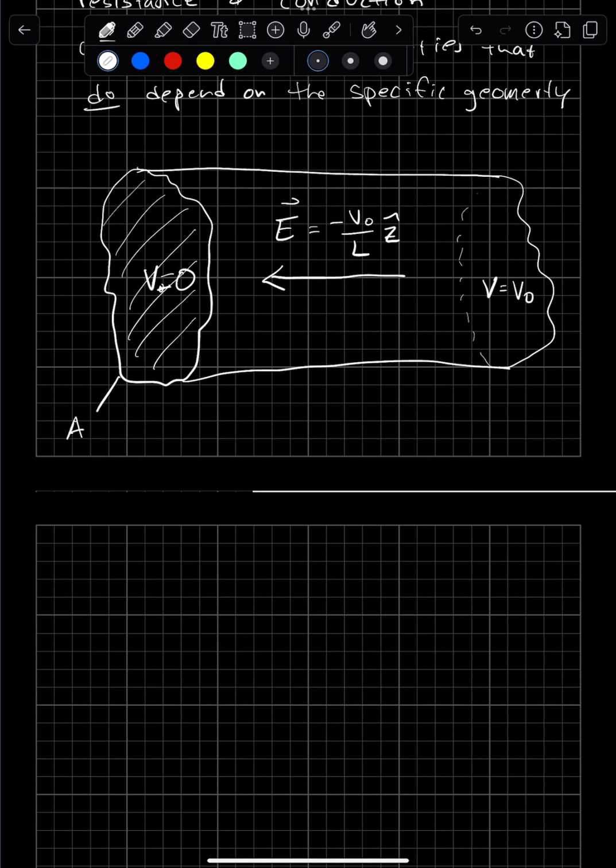And let's write out the microscopic Ohm's law. So the current density is equal to sigma E. This is, again, microscopic Ohm's law.